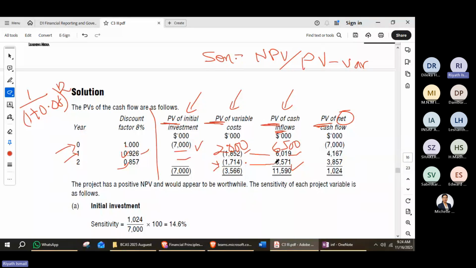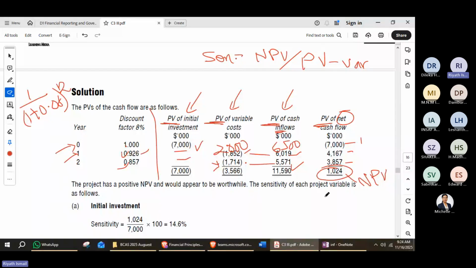Now we deduct these values. The present value of net cash flow has the initial investment as outflow and the two inflows, and in total the NPV is 1024.